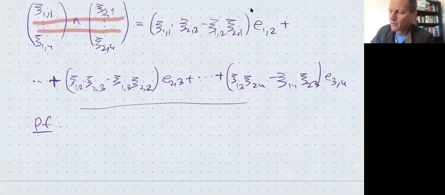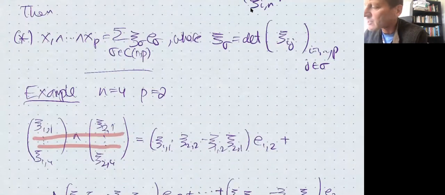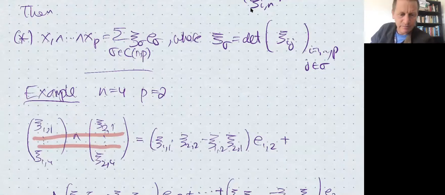So I'm giving the proof, and I made a remark. I want to look at both sides of this expression, and I want to claim that both of these are multilinear in the xi's. So what happens if I replace, for example, x1 by alpha y plus beta z, where alpha and beta are scalars, y and z are vectors?